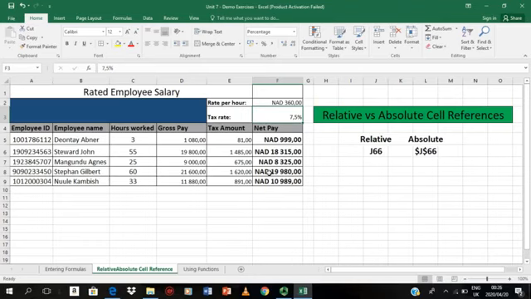That's the advantage of using absolute cell reference and keeping the constant value in a separate cell. Now you understand the difference between relative cell addressing and absolute cell addressing and when to use relative or absolute cell addresses.